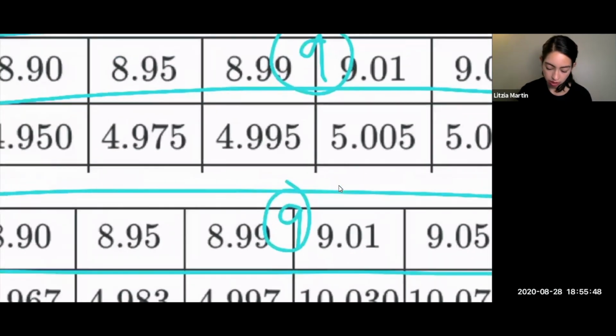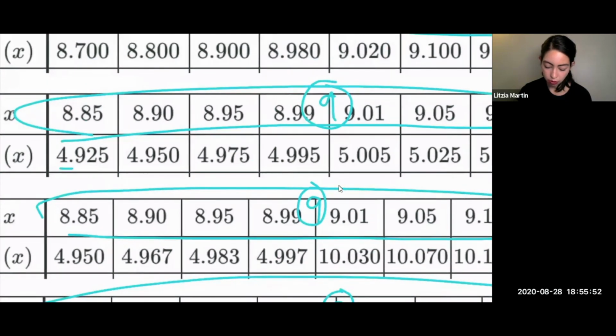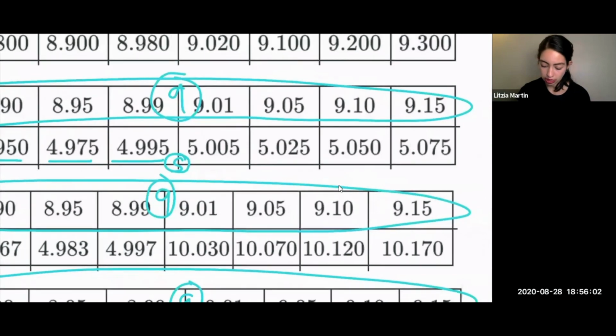We've got 4.925, 4.950, 4.975, 4.995. Those are all getting pretty close to 5. And same thing on the right, we can see that they're getting pretty close, right, to 5.